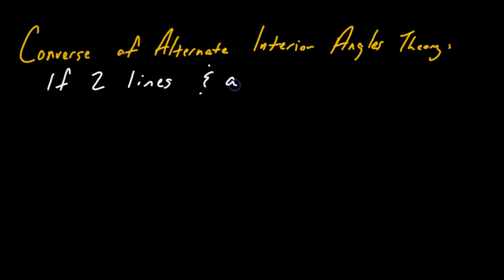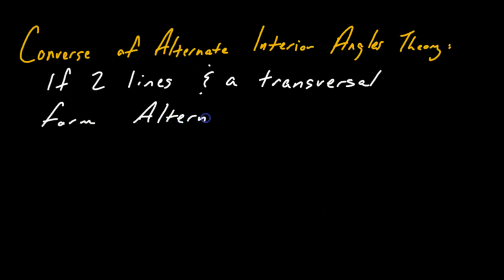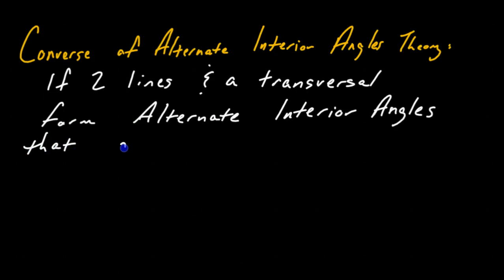We could just skip and say if alternate interior angles are, but we're going to write out if two lines and a transversal form alternate interior angles. Remember, those are on the inside and on the opposite side of the transversal. If they form alternate interior angles that are congruent, well then those two lines are parallel.